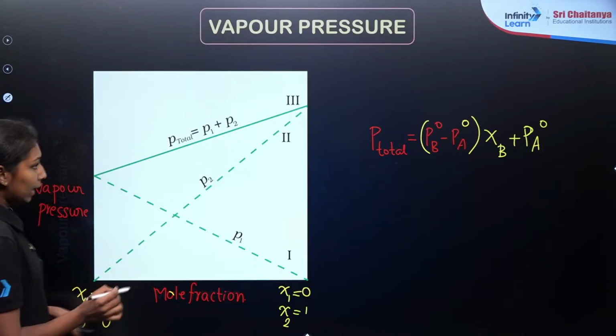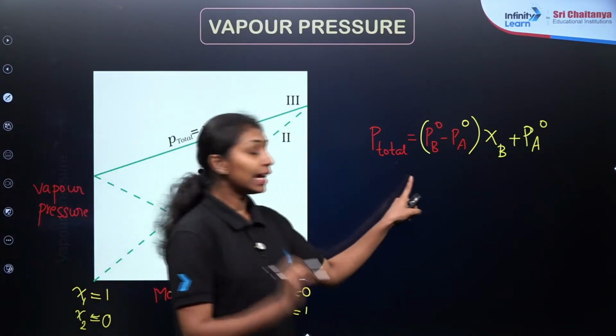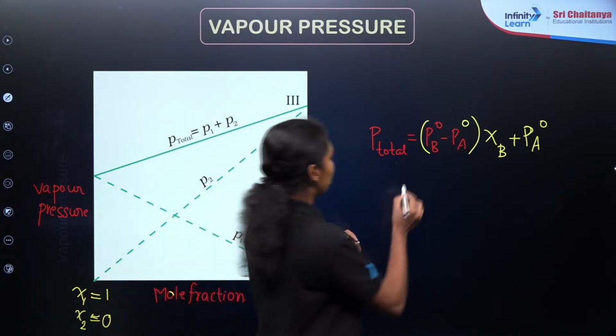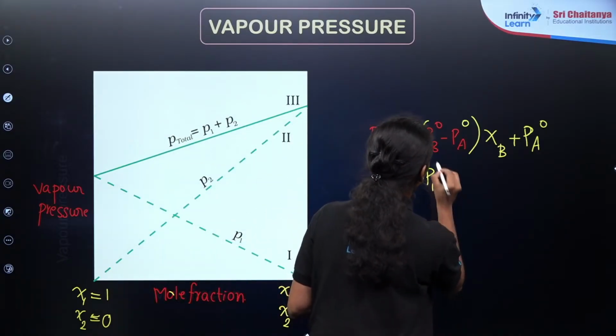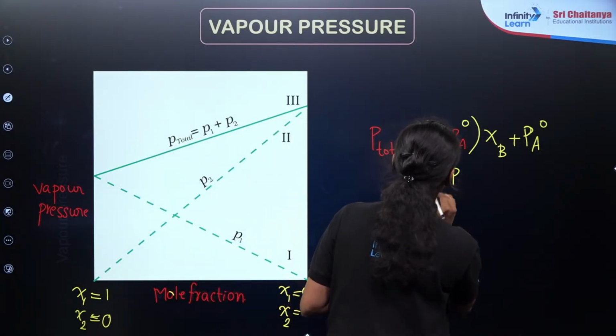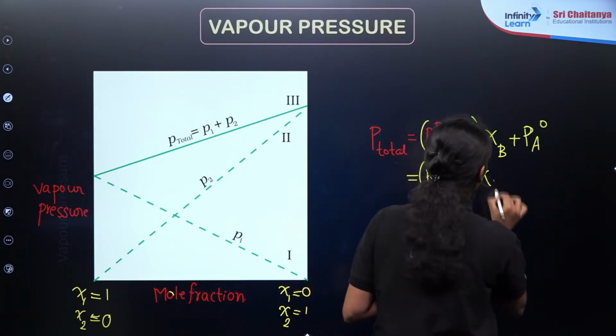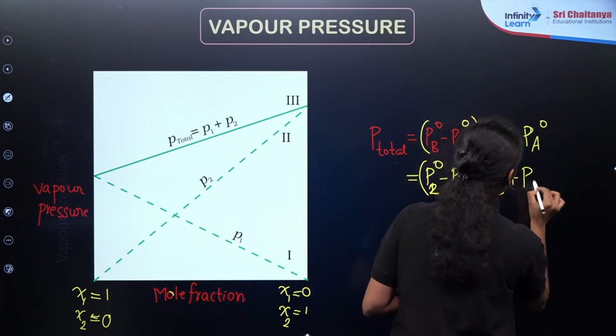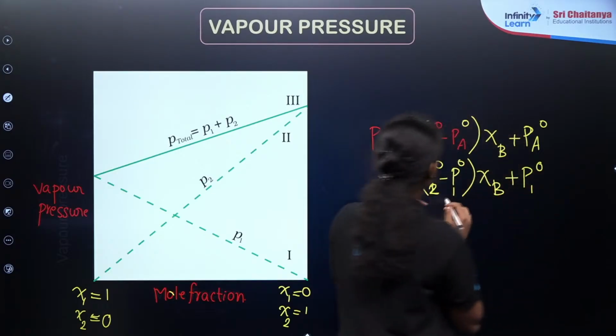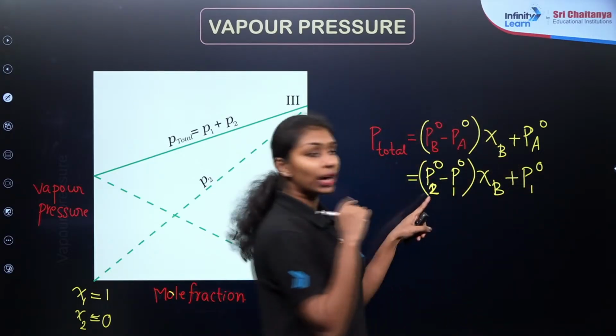Then, let's talk about the expression here. Let me write it as P20 minus P10 into chi B plus P10, right? Just taking the representation instead of A and B, I am taking it as 1 and 2, right?